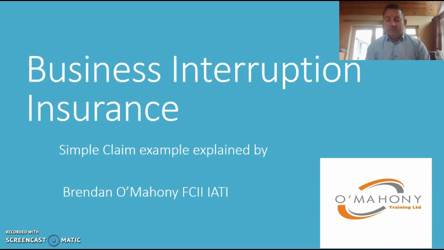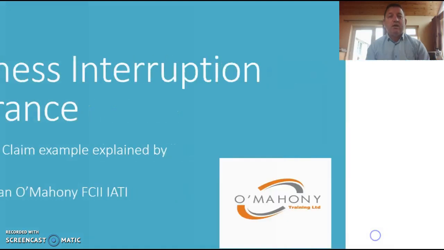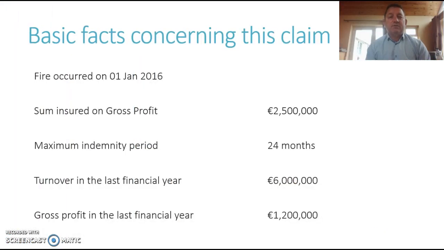In the following months, following the rental of a temporary facility and the hire in of new equipment, the production recommences and gradually, after 10 months, reaches its pre-loss levels. So the insured has returned to their newly repaired premises and considers that it's time now to organise their business interruption insurance claim. So let's just get some of the facts again.